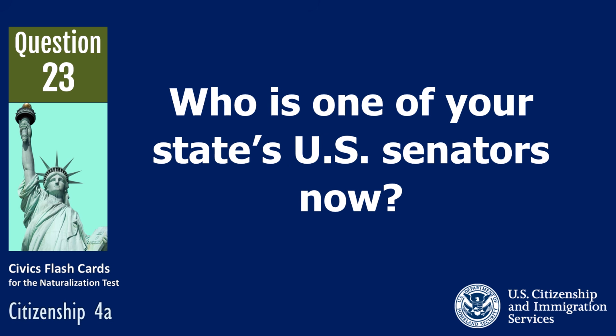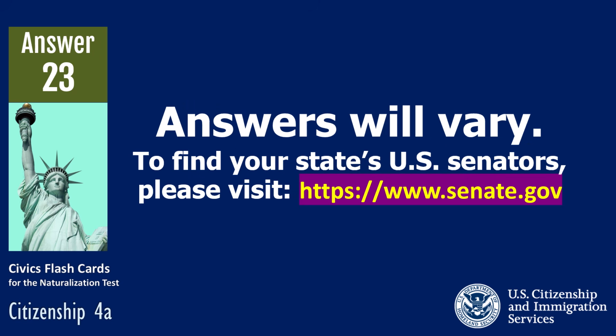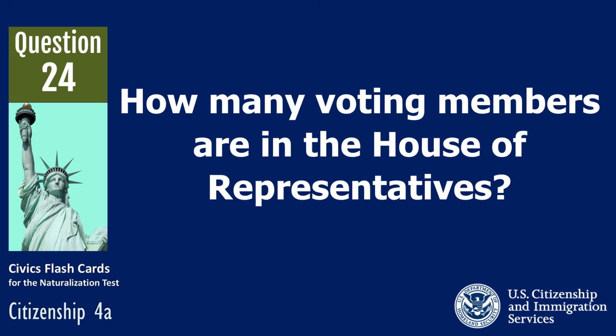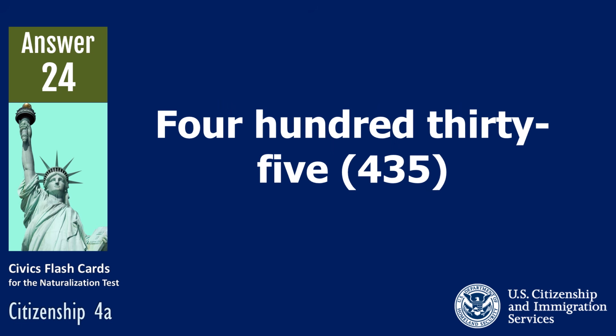Who is one of your state's U.S. senators now? Answers will vary. To find your state's U.S. senators, please visit. How many voting members are in the House of Representatives? 435.